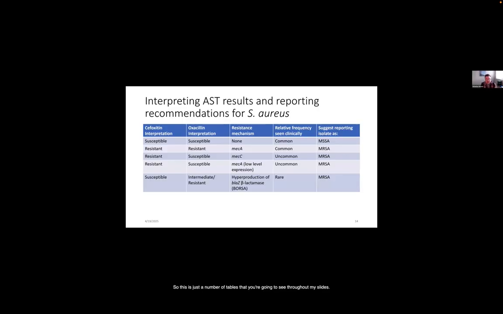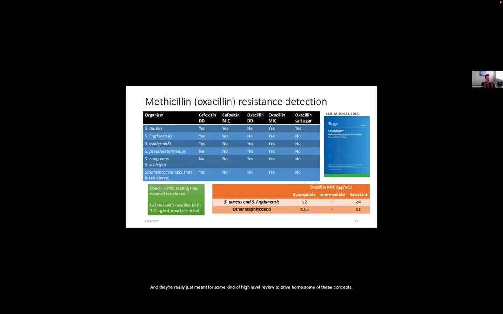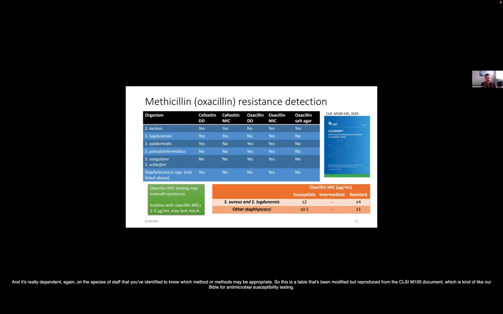So this is just one of a number of tables that you're going to see throughout my slides, and they're really just meant for a high-level review to drive home some of these concepts. And again, as I mentioned, with looking for oxacillin resistance, there are a number of methods, and it's really dependent on the species of staph that you've identified to know which method or methods may be appropriate.